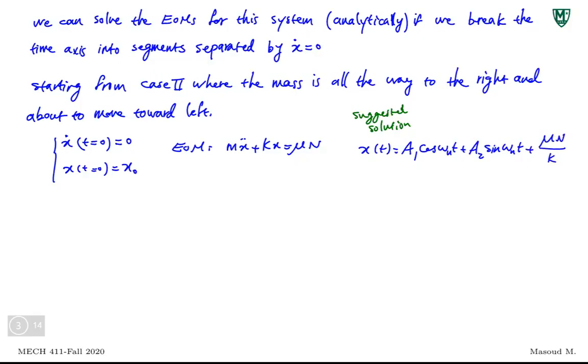You can actually get this from what you know from differential equations. Mu n, the non-homogeneous part, is just a constant. We had a method to find this mu n over k.